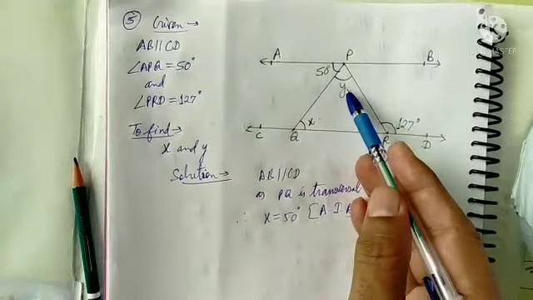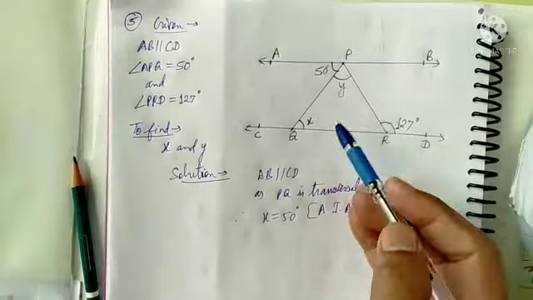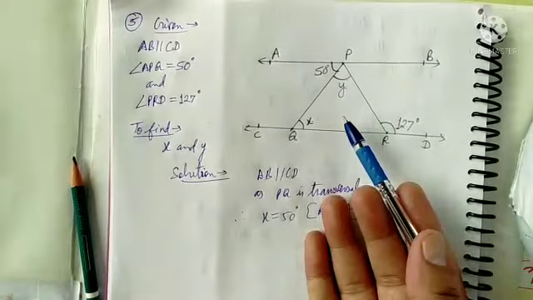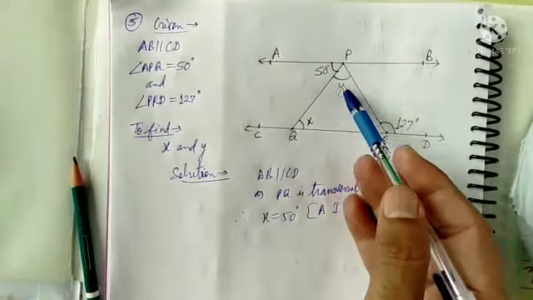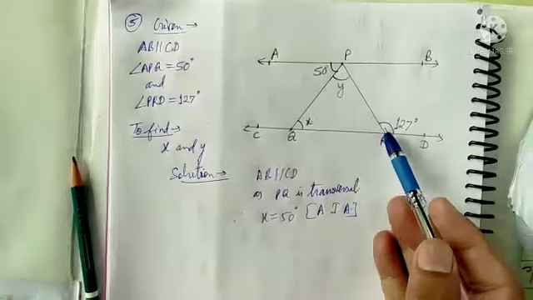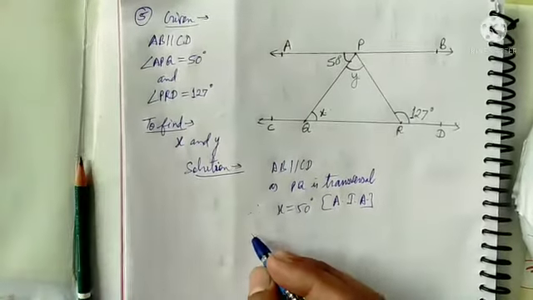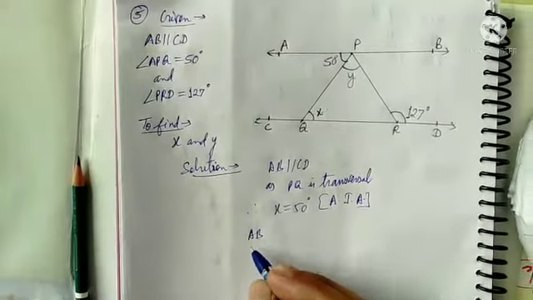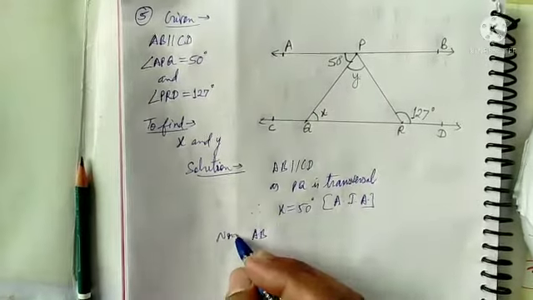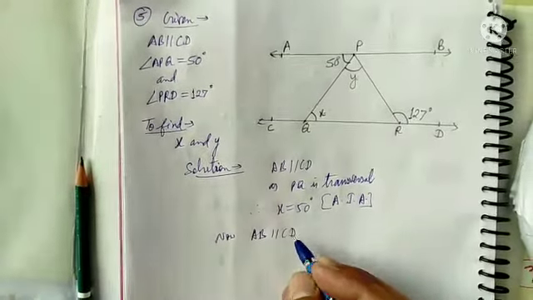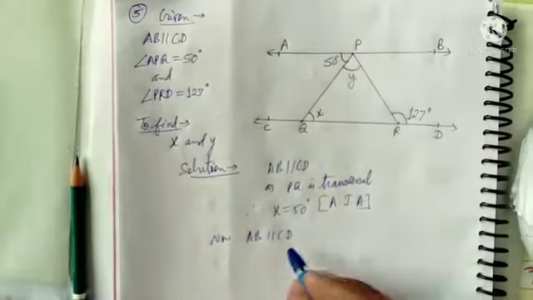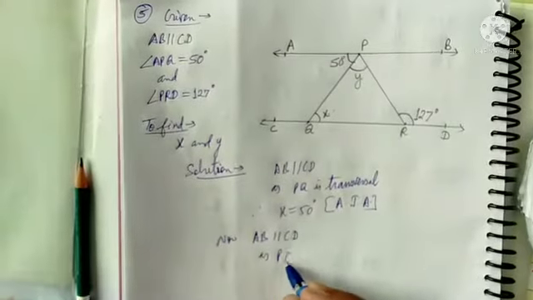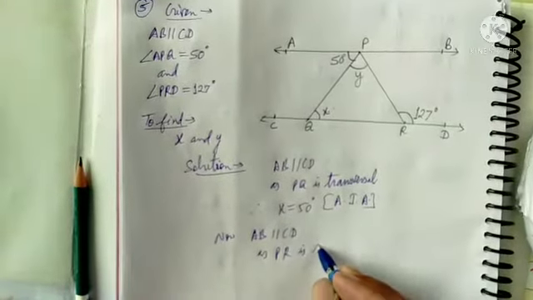Now you want to find the value of Y. This is also very simple. You know that 50 plus Y means, see, write down now, AB is parallel to CD and PR is a transversal.